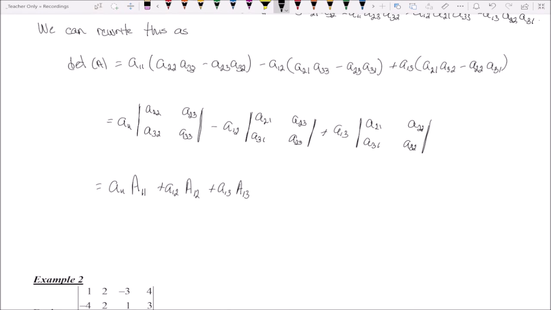Right, so notice that this last expression, the one we just wrote, is the expansion along the first row.